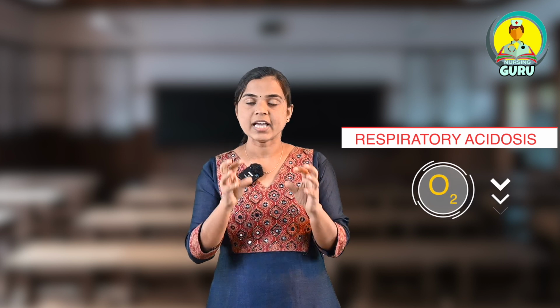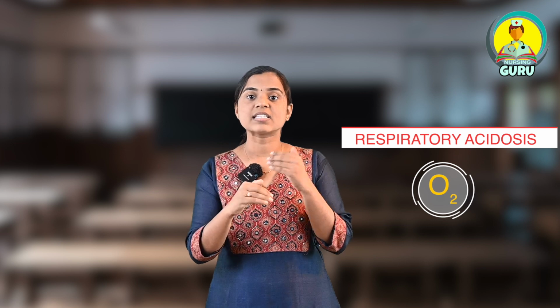So, usually respiratory acidosis is associated with patients who have a problem with oxygenation, that is low oxygen level, in case of pneumonia, chronic obstructive pulmonary disease, respiratory distress. In those cases, oxygen is decreased in the blood, so the patient will be having respiratory acidosis.